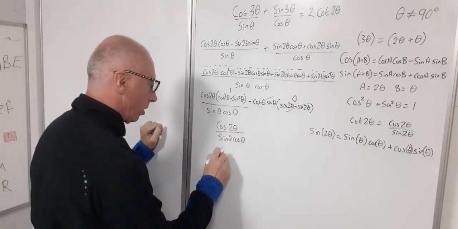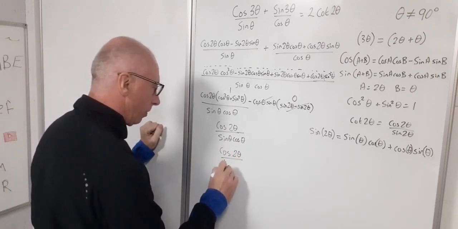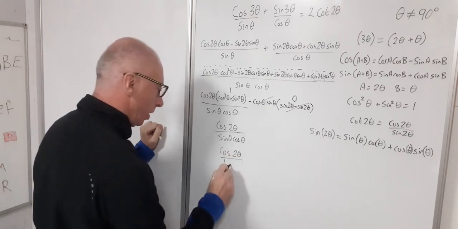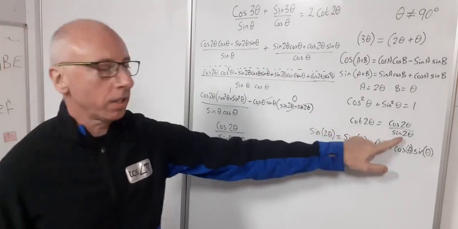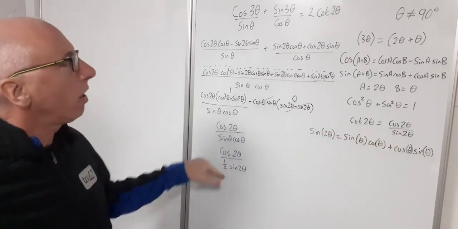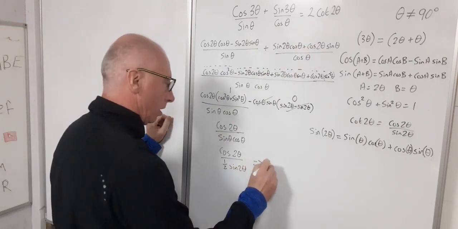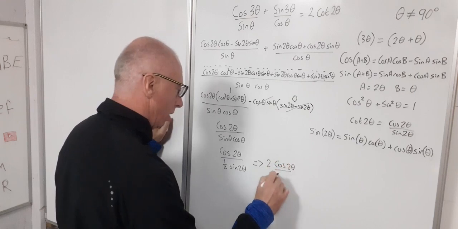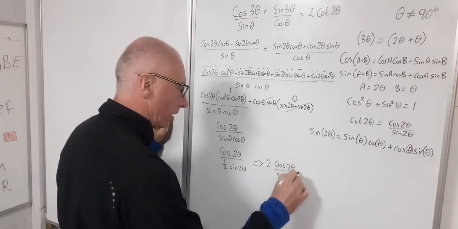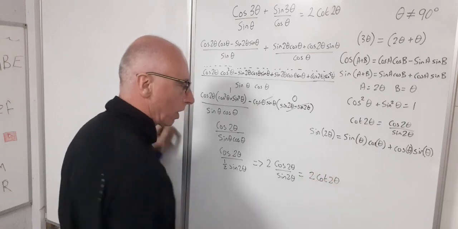So now I've got cosine 2 theta divided by 1/2 of sine 2 theta. And now I've got the sine 2 theta that I want, and with a half. So now that is going to give me 2 times cosine 2 theta over sine 2 theta, which then gives me 2 cotangent 2 theta.